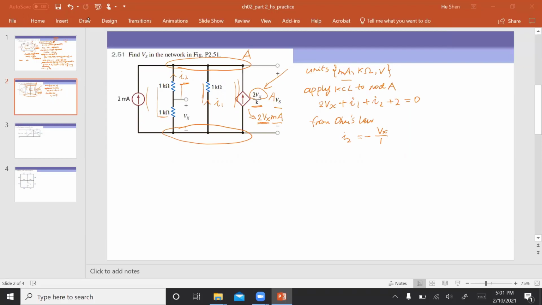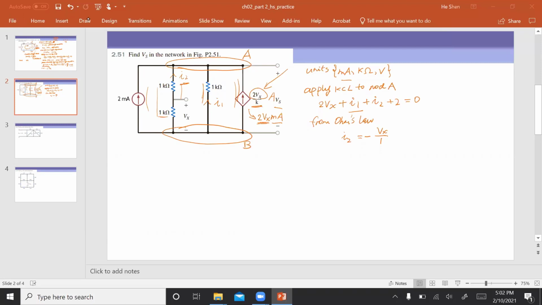So we have one more equation. We need another one. The other one needs to help us find a relationship between I1 and Vx. We cannot find a direct relationship between I1 and Vx, but I do know the relationship between I1 and I2. These two branches are in parallel. So the voltage between node A and node B should be the same.